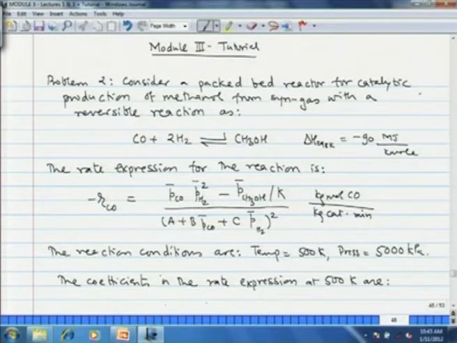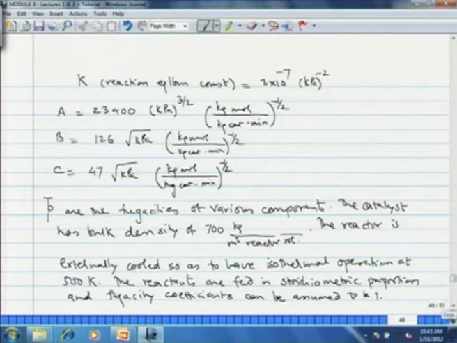The coefficients in the rate expression at 500 Kelvin are these A, B, C. K is the equilibrium constant, 3 into 10 to the power minus 7 kilopascal raised to minus 2. A is 23,400 kilopascal raised to 3 by 2 into kg mole per kg catalyst per minute raised to minus half.